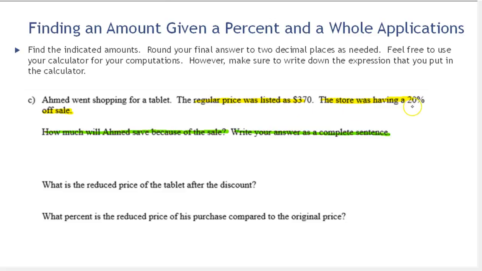Let's look for our indicators so we know it's 20% off sale. And remember that 20% off is different than 20% of. So he's not paying 20% of this price, they're taking 20% off this price. So we want to make sure we write that. And the regular price is listed as $370.